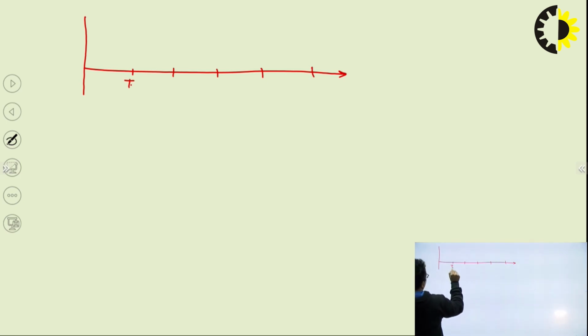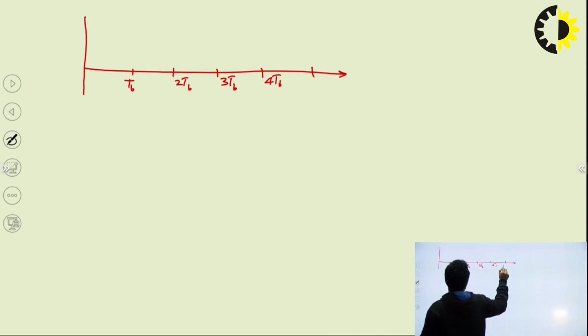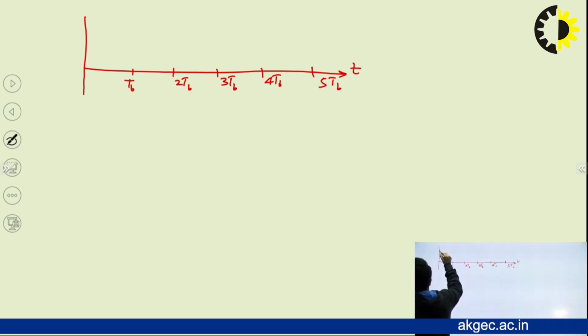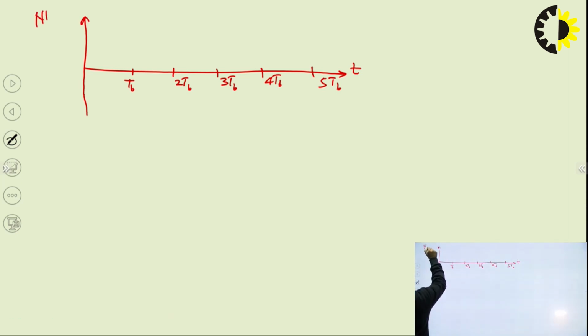This is bit duration TB, 2 TB, 3 TB, 4 and 5 TB. This is time and this is the NRZ waveform.